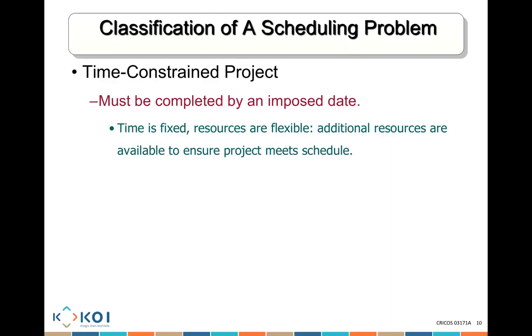Give me one example. An IT assignment. It has to be completed by a certain date. What happens if you don't get it by a certain date? We have penalties.